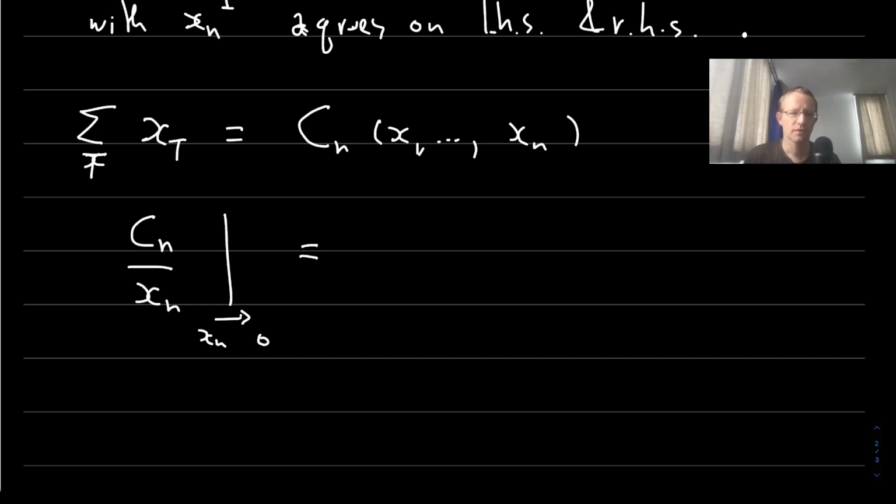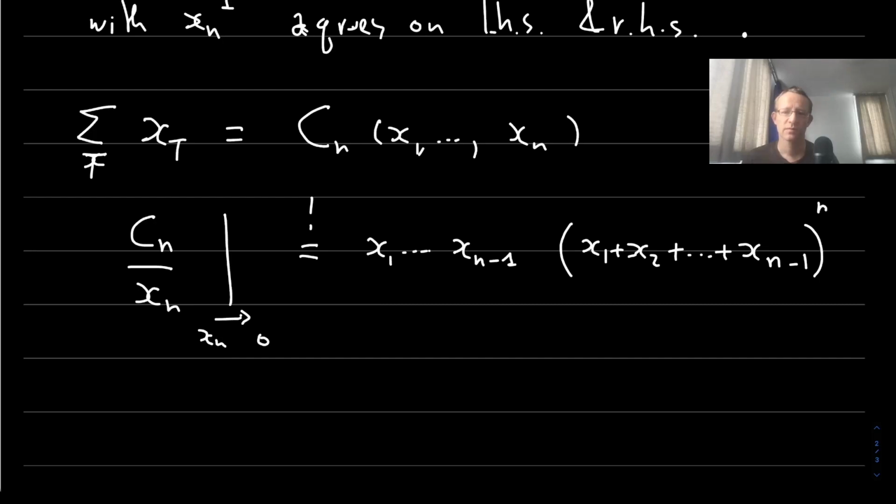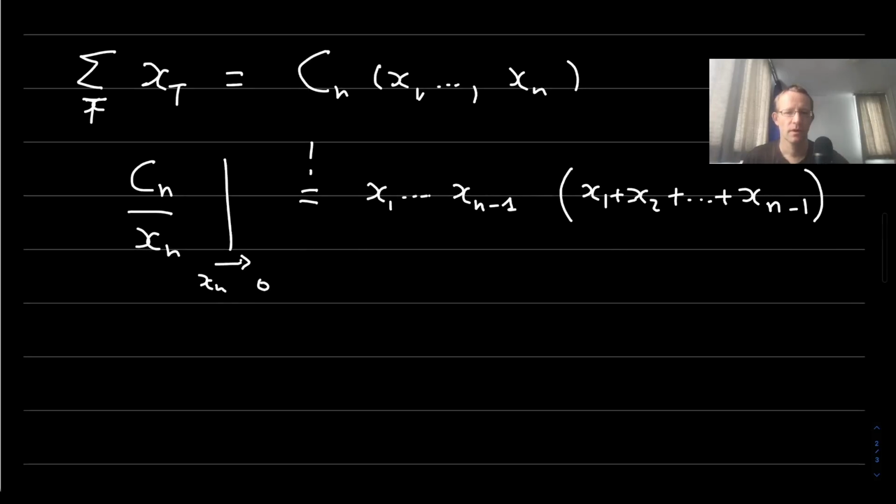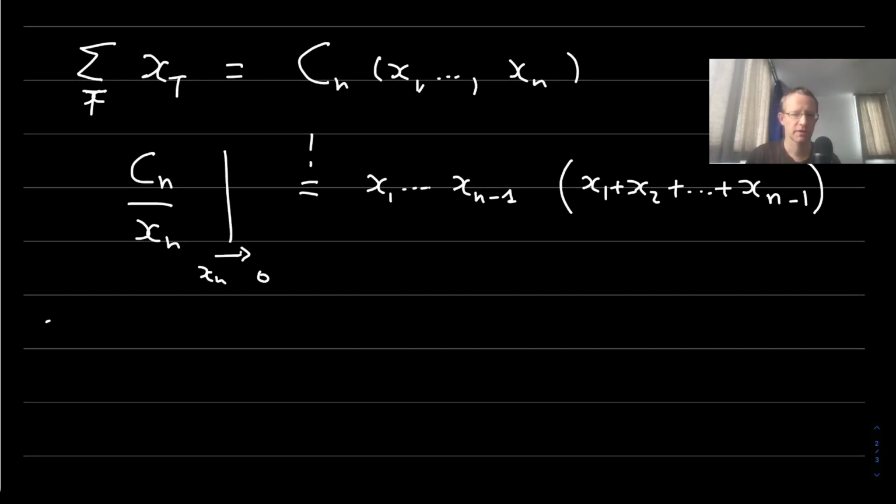So we have to prove that this is the right-hand side, which is x1 all the way up to xn minus 1, where I've divided out xn, and then (x1 + x2 + ... + xn minus 1), because I've put xn to 0, to the power n minus 2. So this I need to prove. Now, we'll do this by induction. So for instance, for n equal 2, we can easily verify the statement, even for n equal 1 actually, but for n equal 2 it's easy.